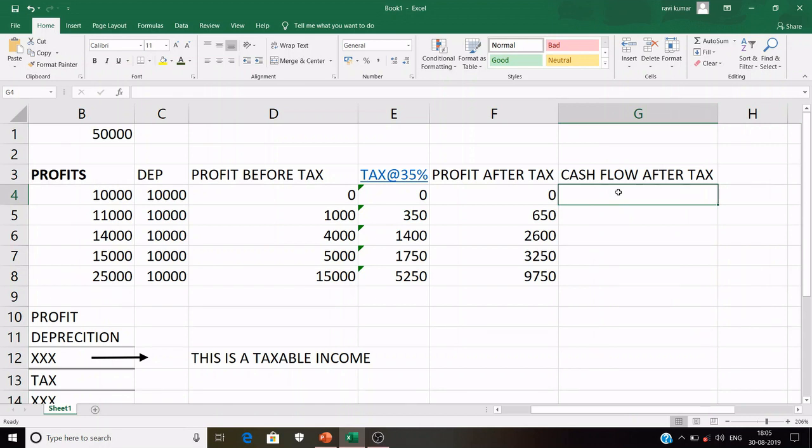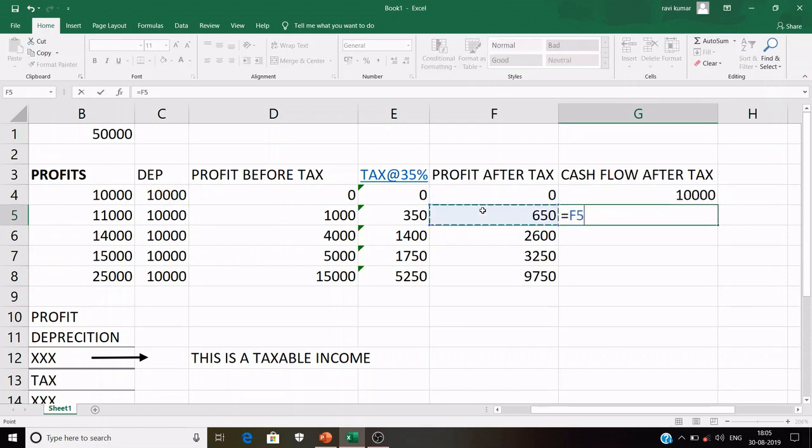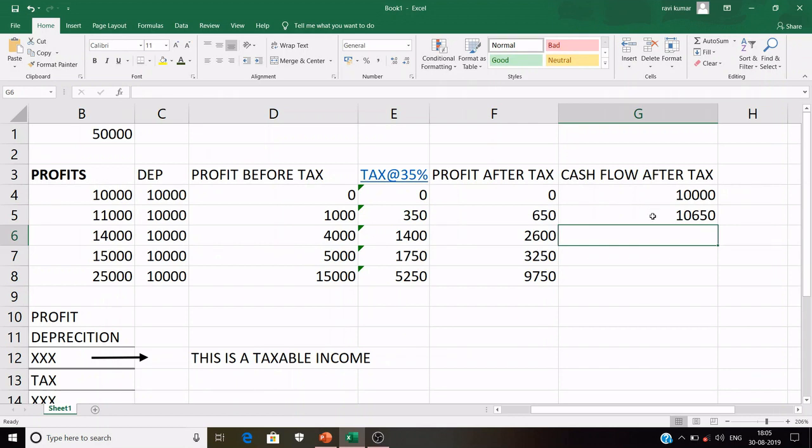So here to get cash flow after tax, again add depreciation in profit after tax. Select this plus depreciation. Depreciation is our 10,000. So again I am doing equals to profit after tax plus depreciation. And you need to do this again and again. I'm just dragging it for simple calculation.